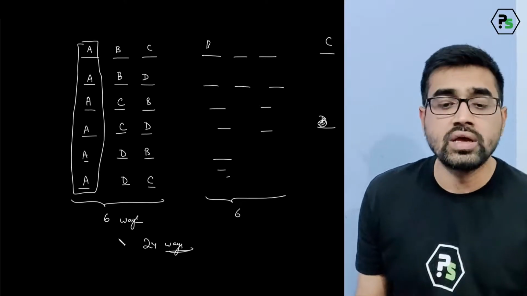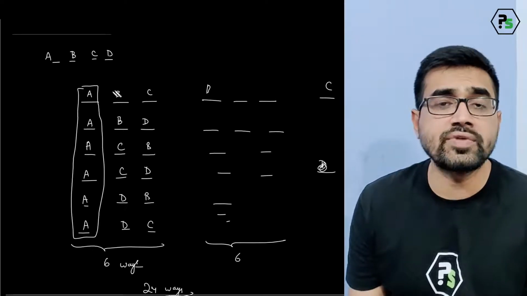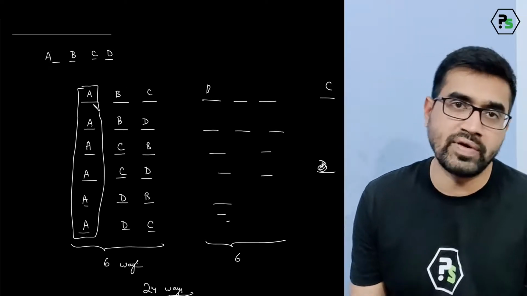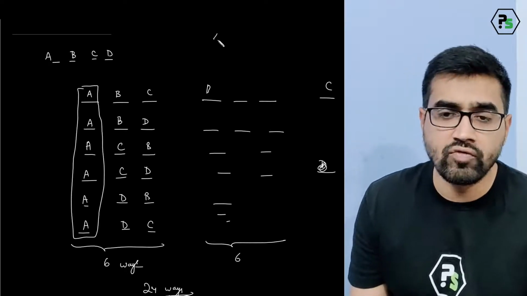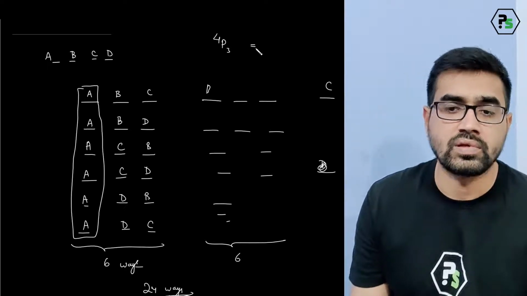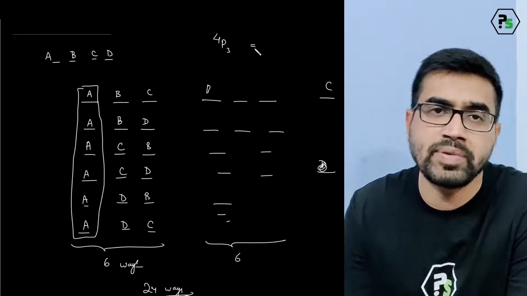I will come back to it. I know that the easiest way to permute 4 different things in 3 different places is just simple 4P3. Correct. Arranging, nPr, you know that.